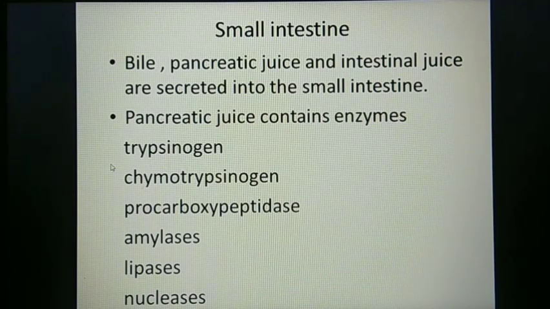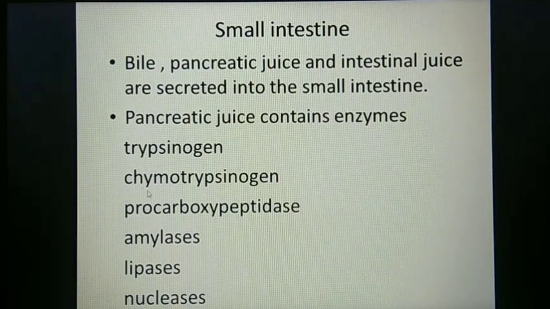All these 3 secretions are secreted into the small intestine. First, the pancreatic juice. Pancreatic juice consists of enzymes called trypsinogen, chymotrypsinogen, procarboxypeptidase, amylase, lipase, and nucleases.